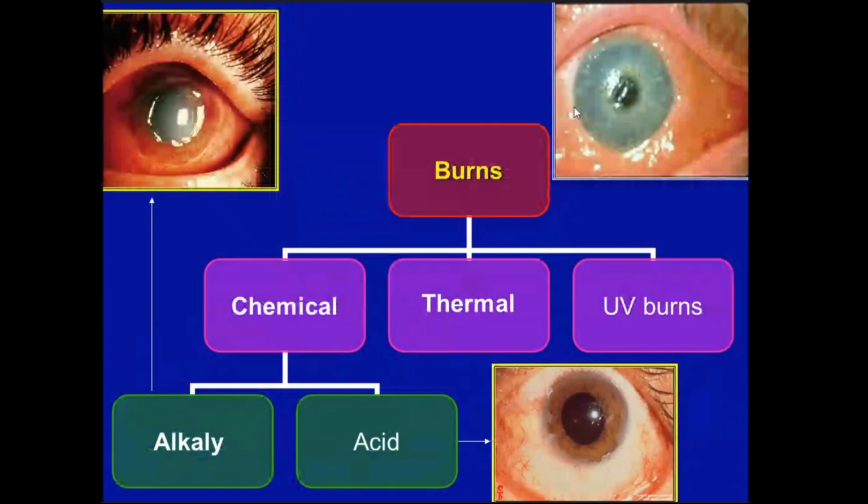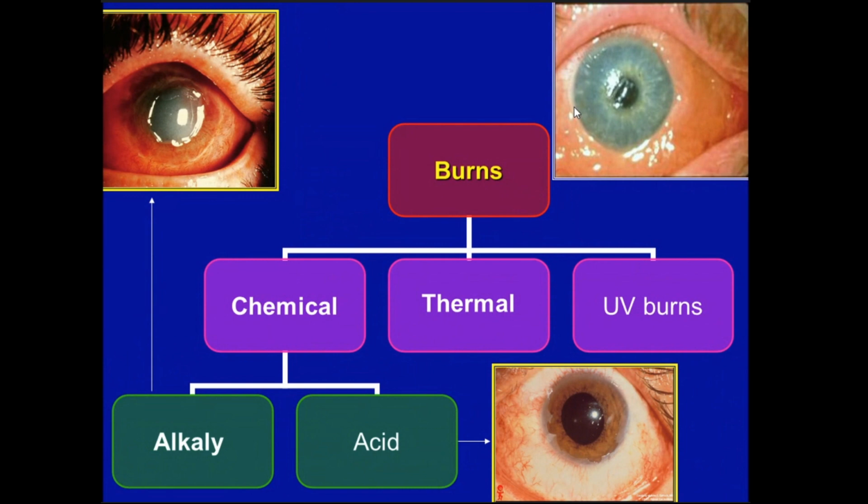Okay, another example of open and closed injury are burns. Burns are a very important cause of visual disability. The most important burns are chemical, thermal, and UV burns.